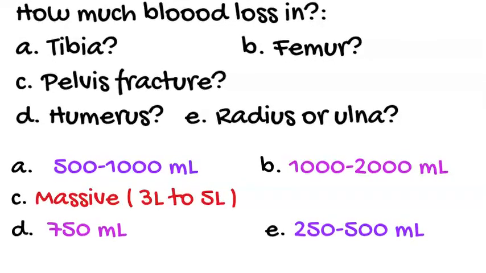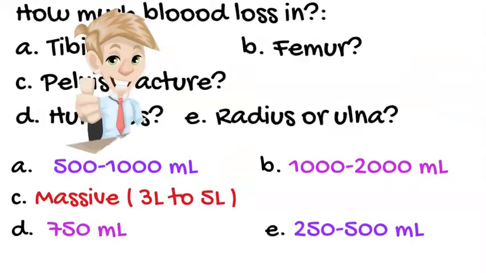Usually, the blood loss is around 3 liters to 5 liters. For D. Humerus fracture, the estimated blood loss is around 750 ml. And E. For radius or ulnar fracture, the estimated blood loss is around 250 to 500 ml.